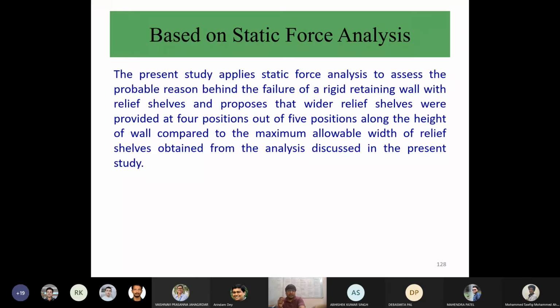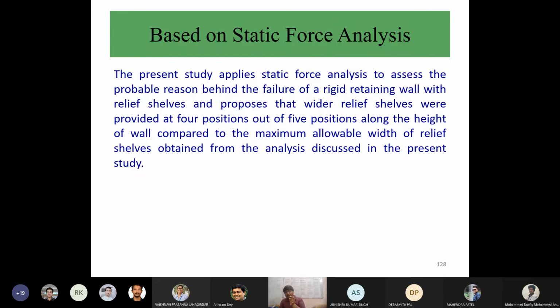So based on this static force analysis, I suggest that this particular width of relief shelf that we have proposed should always be taken into consideration, whatever earth pressure distribution your models are giving, because whenever you are doing limit analysis, the earth pressure distribution behind the wall they give you is only this.